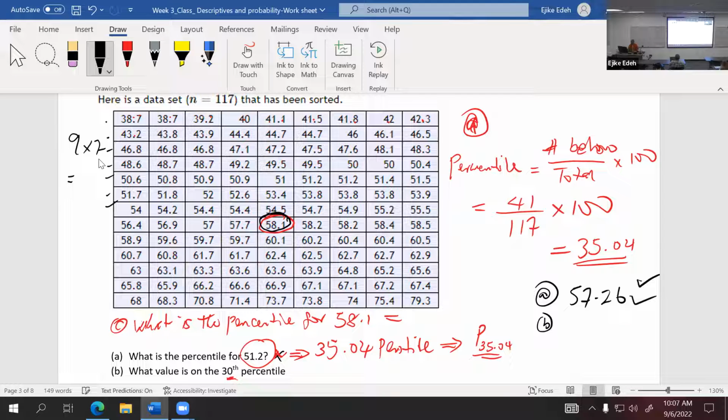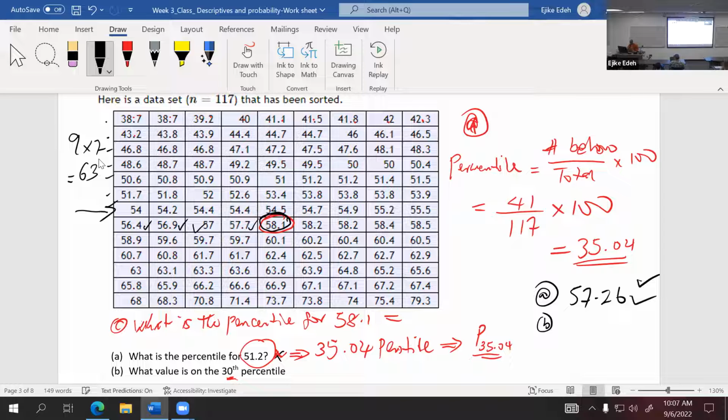That would be 72? Sorry, 63. 63? Okay, thank you. So if we stop at this row, we have 63. Then we count to the next: 64, 65, 66, 67. So we have 67 here.